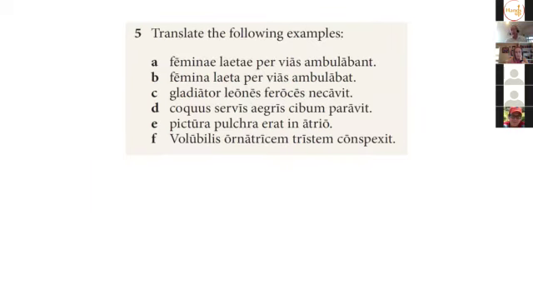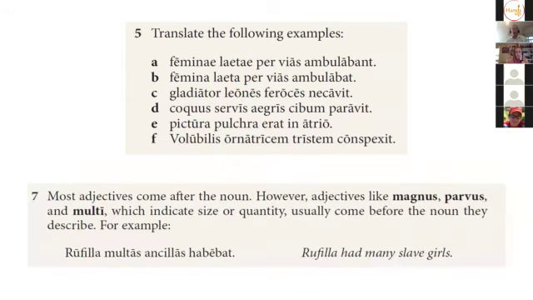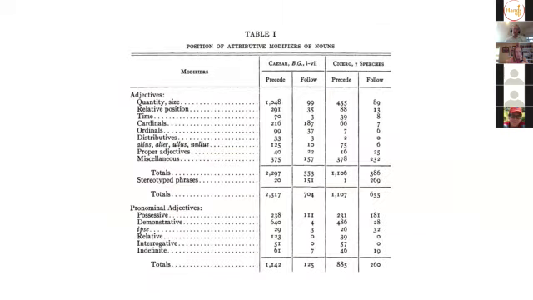This idea that adjectives typically follow nouns. That's what I was teaching for ages. This is research from 1918, I think, or 1919, that looks at the positioning of adjectives relative to the noun in Caesar and Cicero.